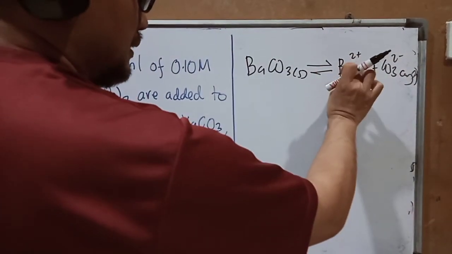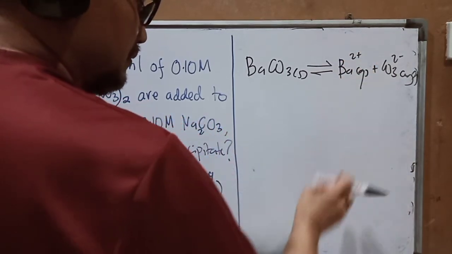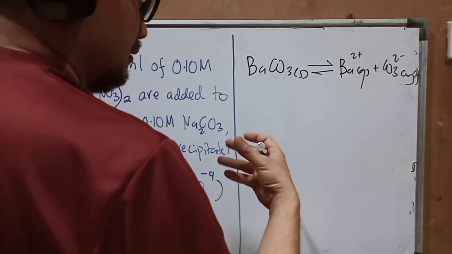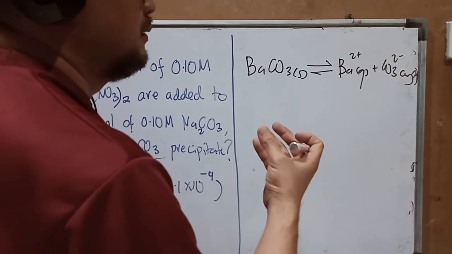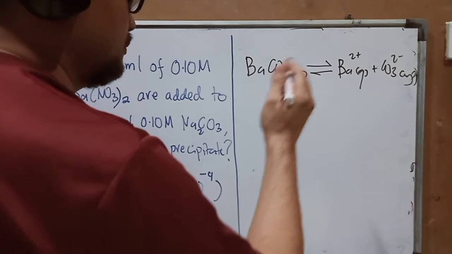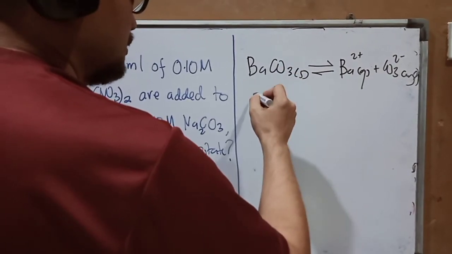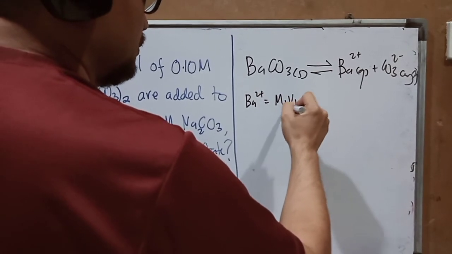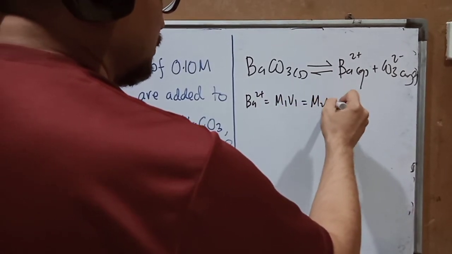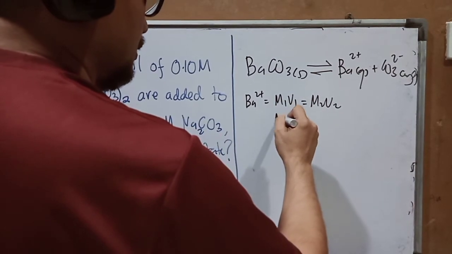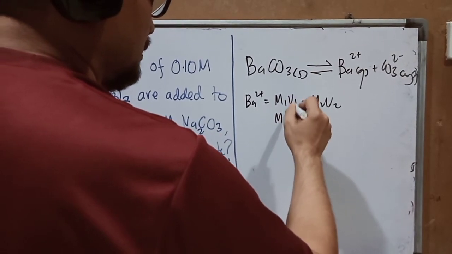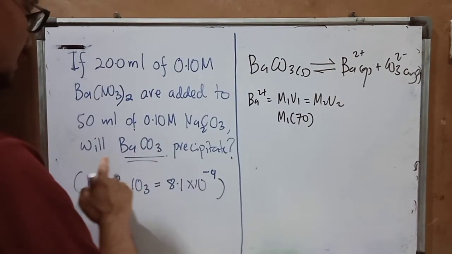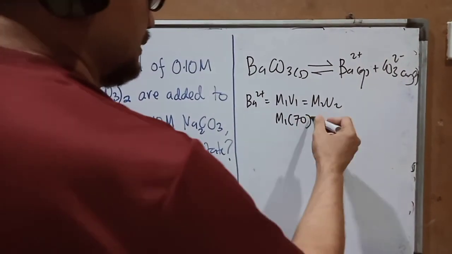And now the concentration is different, because when the two solutions mix, the solution becomes more dilute, so we can use this formula for Ba2+: M1V1 equals M2V2. M2 is the molarity of the new one, and the volume is 70 ml, because 20 plus 50 becomes 70.